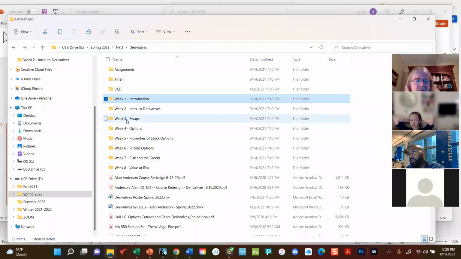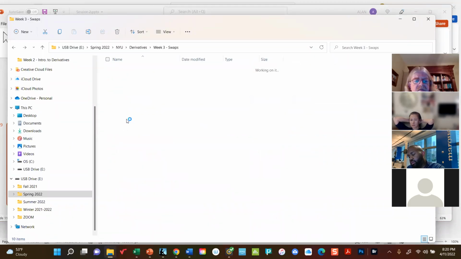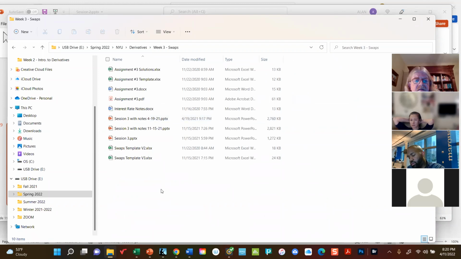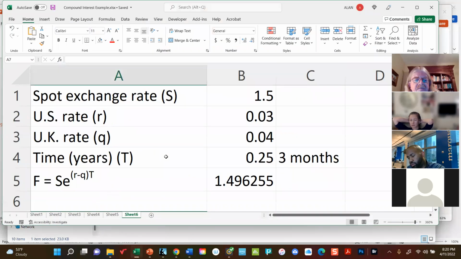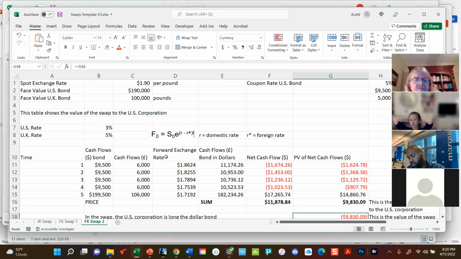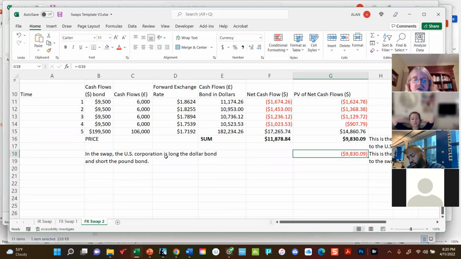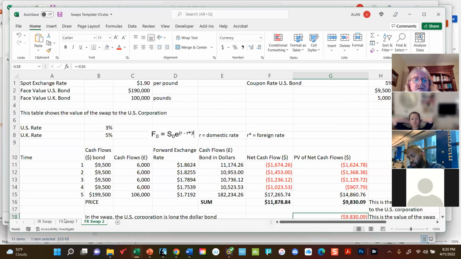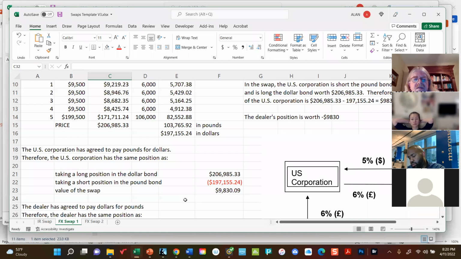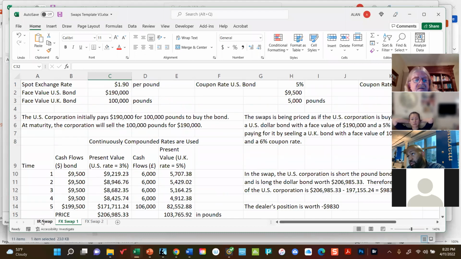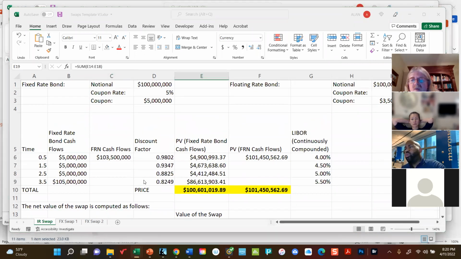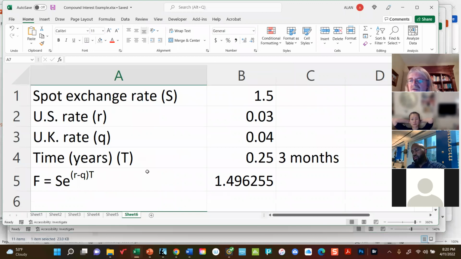In fact, let me see. Yeah, they're here. Let's take a look at this swaps template right here. Yeah, you see what I mean? There's quite a bit of calculation going on here, but once it's set up properly, you'll see that it makes perfect sense.